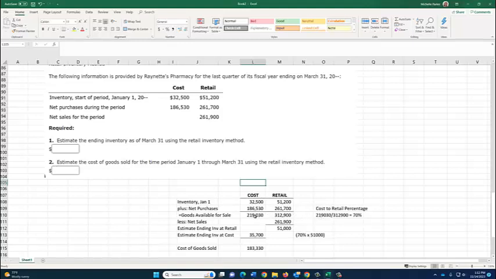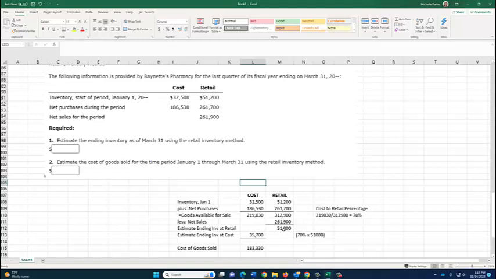So if I take the 219.30 and divide it by the 312.9, then our cost is 70% of retail. And we can use this figure now to figure out our estimated ending inventory at cost. So if we subtract out the cost of goods sold at retail, or our net sales, over under the retail column, our estimated ending inventory at retail is 51,000.